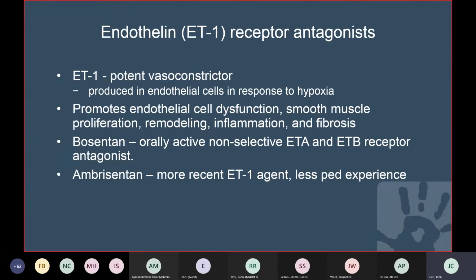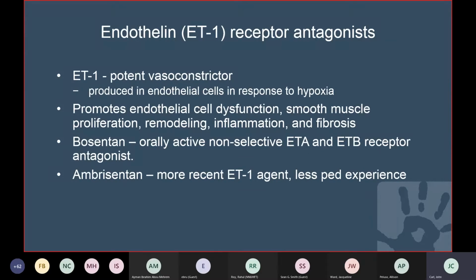And so ET1 is a potent vasoconstrictor that's produced in endothelial cells in response to hypoxia. It promotes endothelial cell dysfunction, smooth muscle proliferation, remodeling, inflammation, and fibrosis.